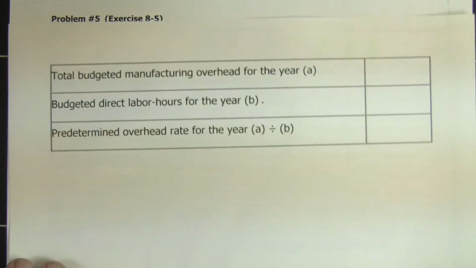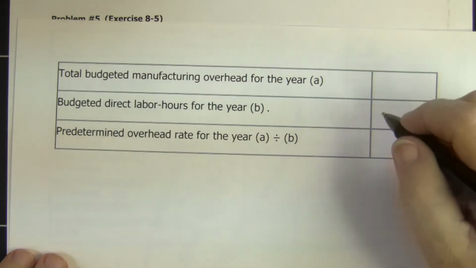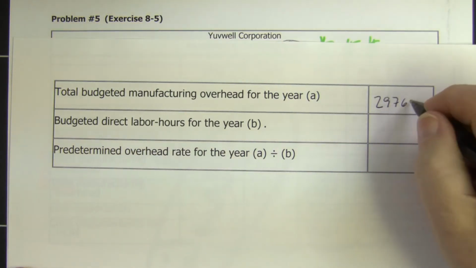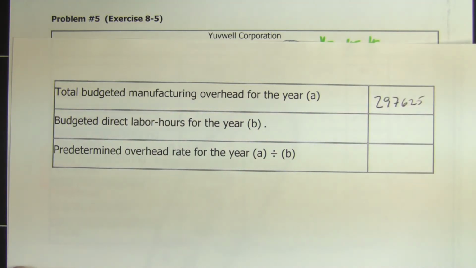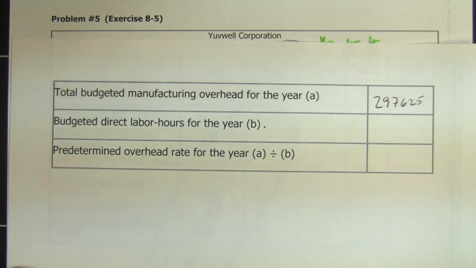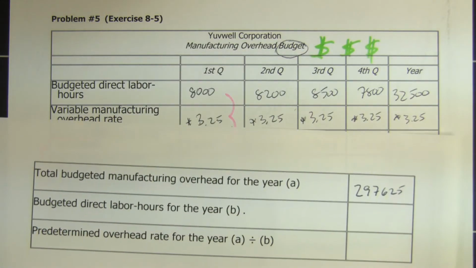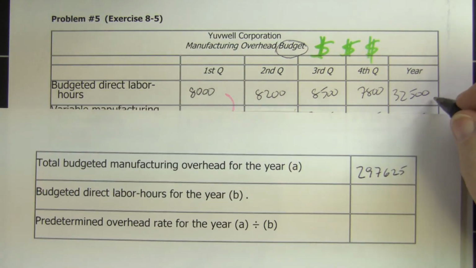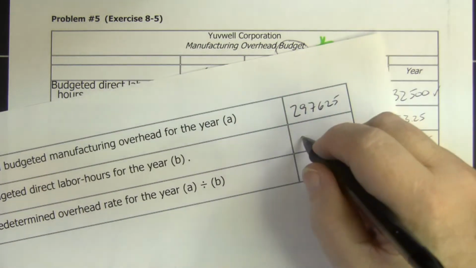So we take 297,625, divide that by the budgeted labor hours for the year. Budgeted labor hours for the year, 32,500.